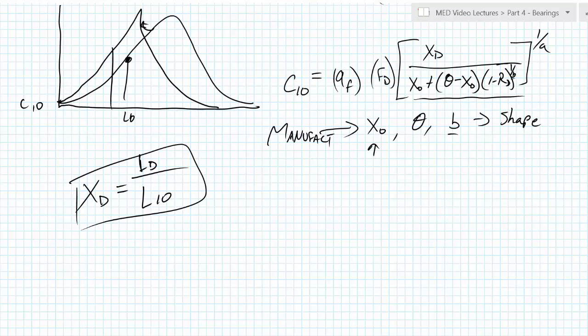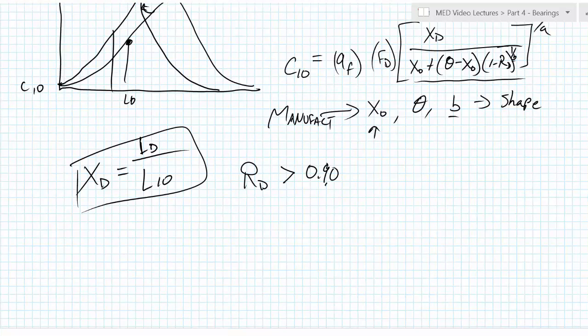But if you want a higher reliability, so if your reliability desired is greater than 0.9, or whatever reliability the manufacturer is based on, most of them are 90%, some are higher for precision bearings, then you can use this equation for the catalog rating and get there.